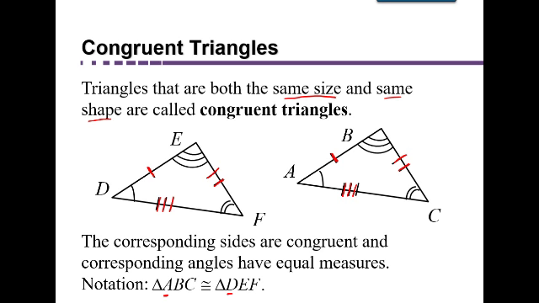And you can see that here because there's one mark on angle A and one mark on angle D. Angle B is the same measure as angle E, and you can see that because each of these has 3 marks. So they're the same measure. And then angle C is the same as angle F, and you can see they each have 2 marks up here. So this statement communicates a lot about the relationship between the triangles.